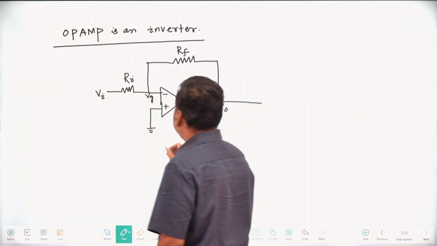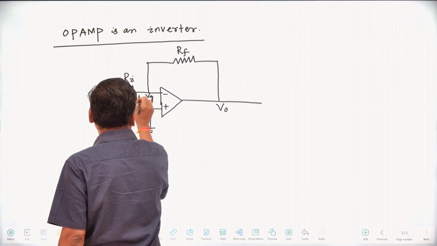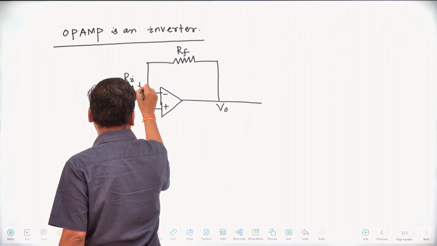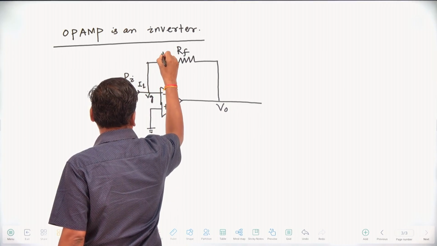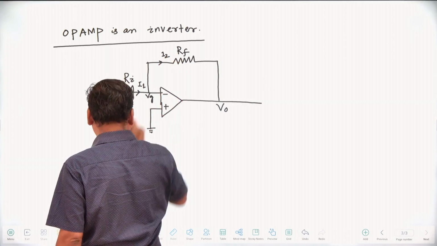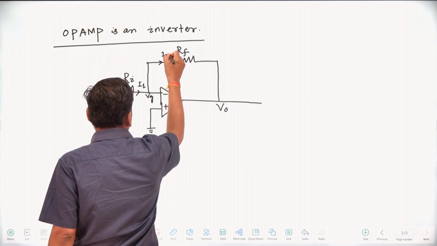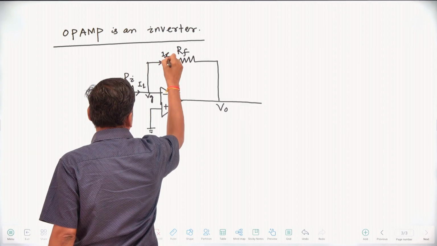Let the current through this branch be I1, and the current through this branch be I2, or we can say IF, because it is the feedback resistance.